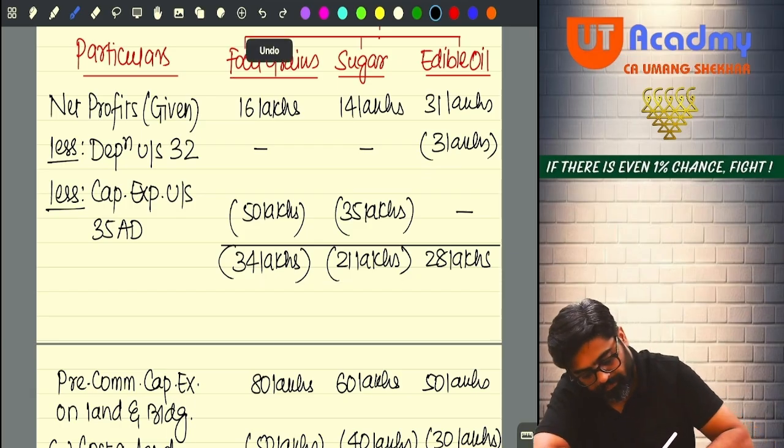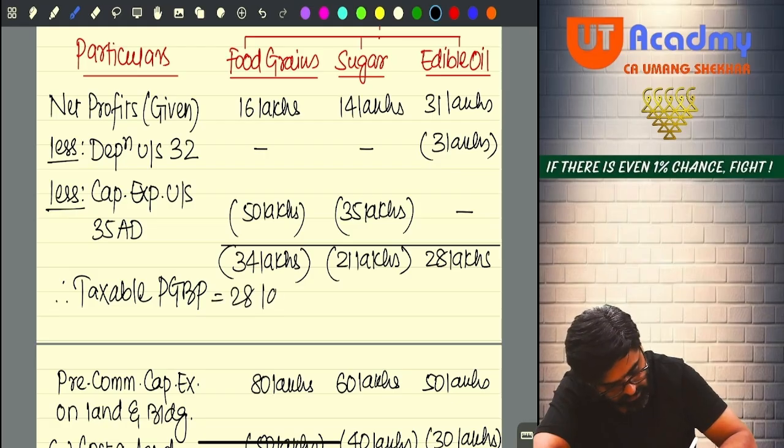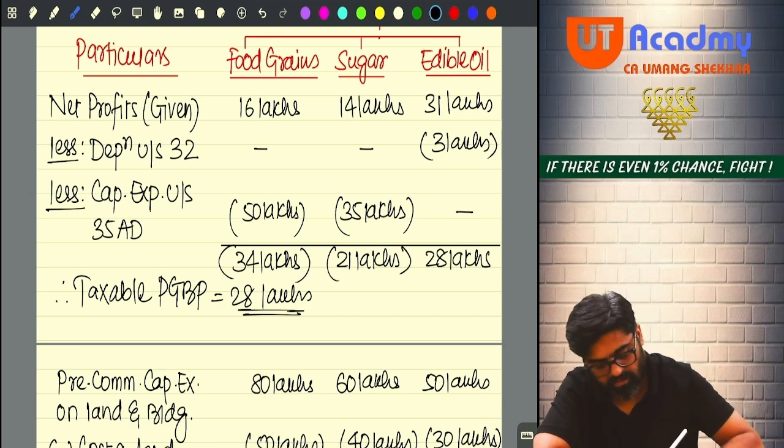So can I say, therefore my taxable PGBP income for this year will be 28 lakhs only? Yes or no? And these two losses cannot be adjusted in this year. They will be carried forward.